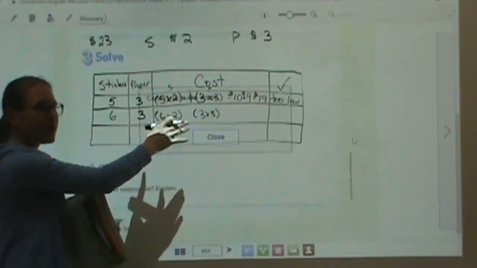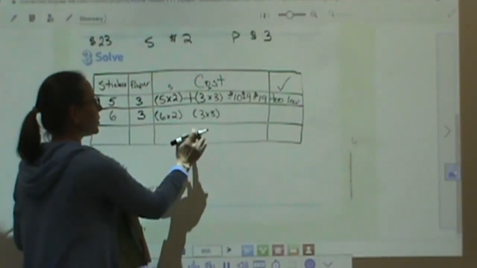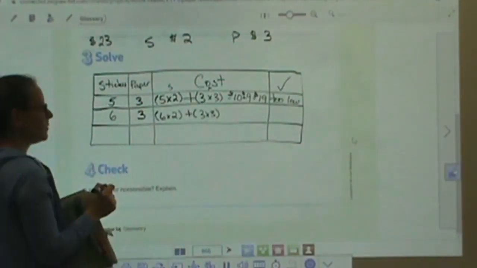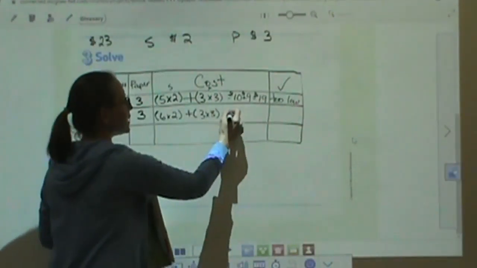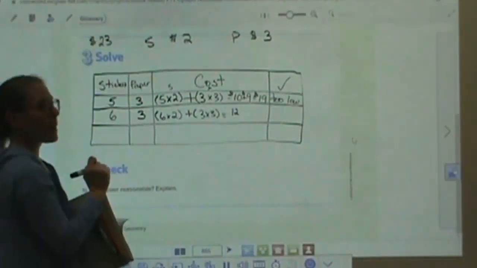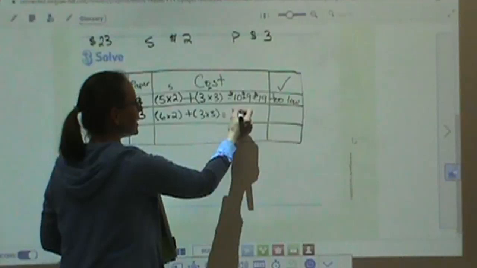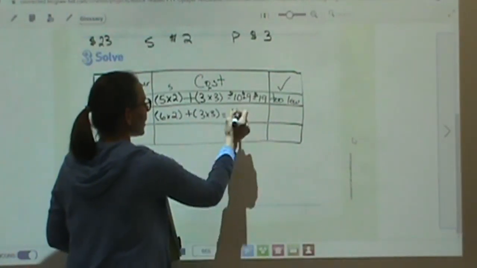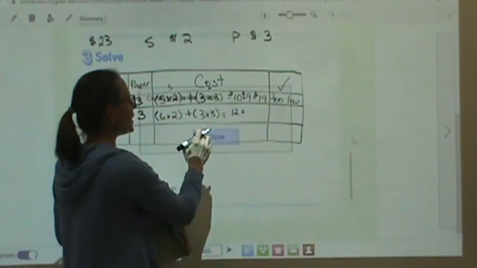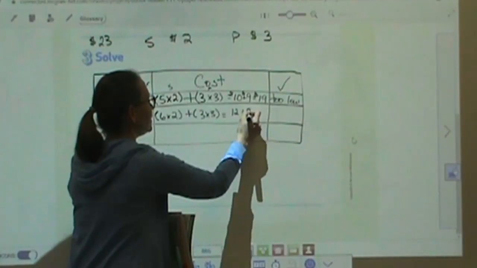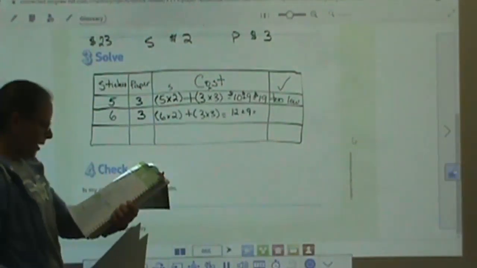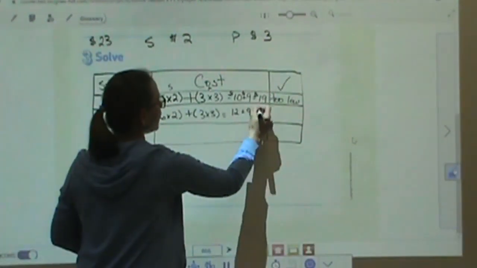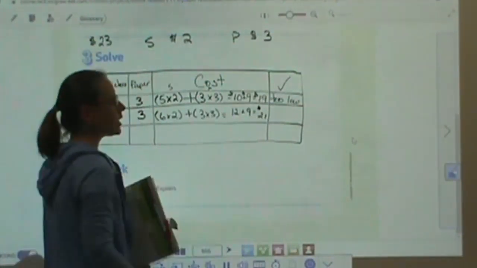We're going to add those two together so we get a total. 6 times 2 is 12, plus 3 times 3 is 9, which gets us a total of $21.